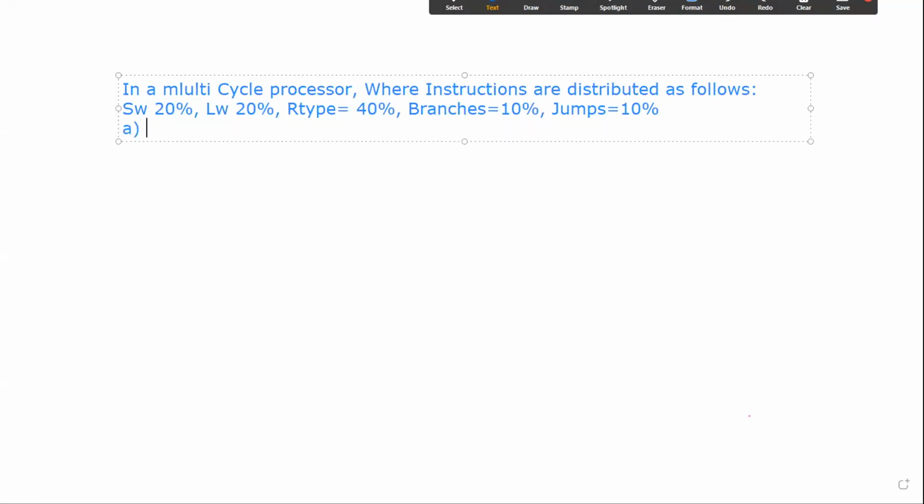First, what is the average number of cycles per instruction.